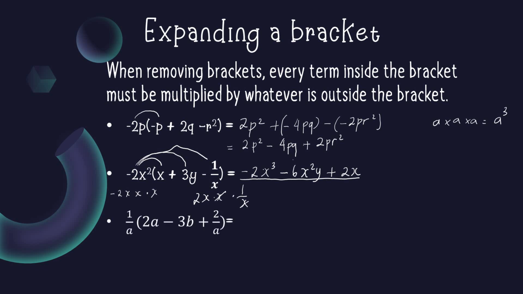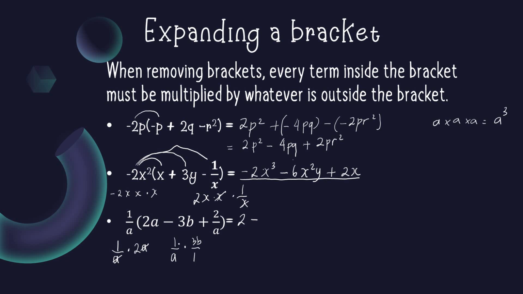Next is this one. So you can do it one by one. 1 out of a times 2a. A and a cancel. So the remainder becomes 2 only. Minus, and then this one, 1 out of a times 3b.